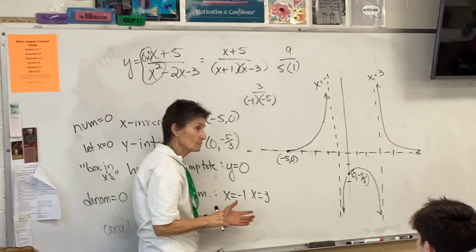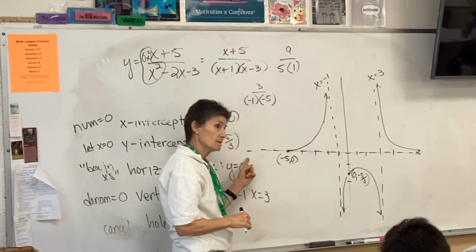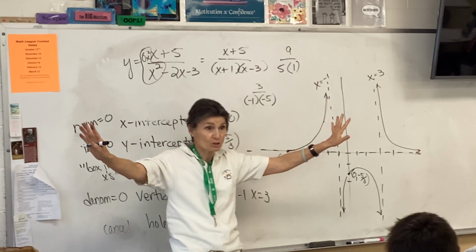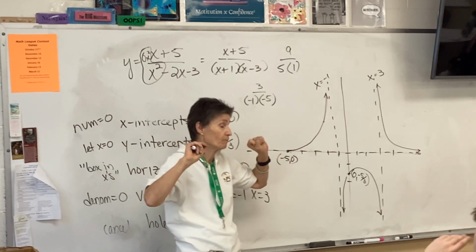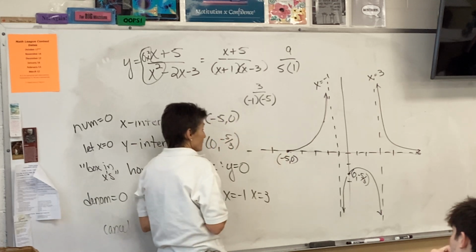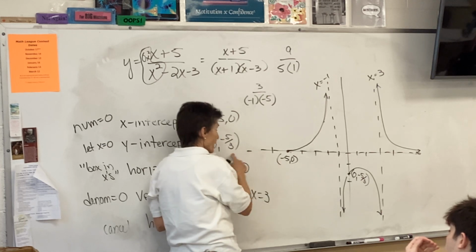Now, out here, what in the heck is going on? It doesn't stop. Your picture's gonna go on forever in both directions, always, for all your rational functions. So I'm gonna try one more point, -6. You can try anything you want. Left is -5.